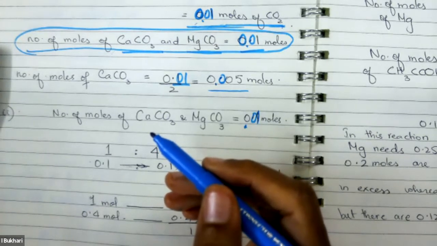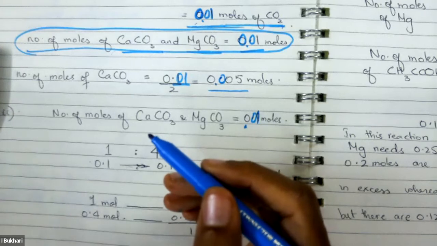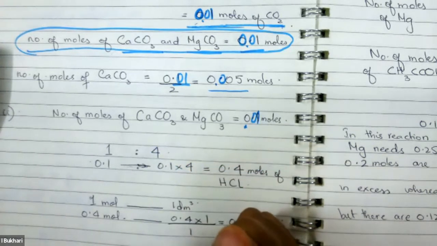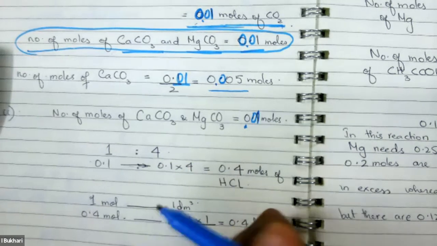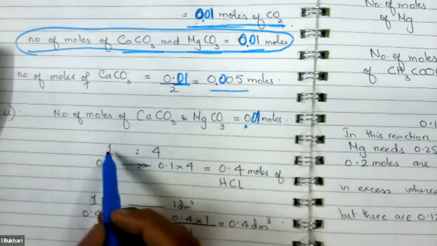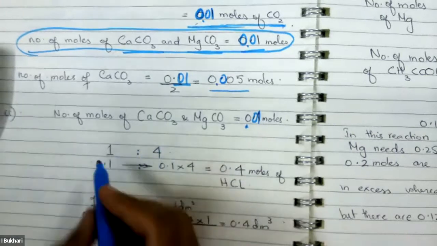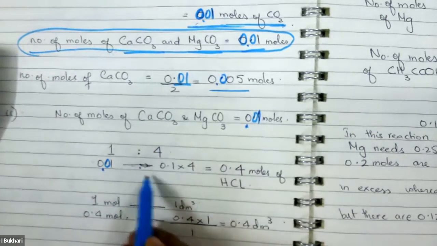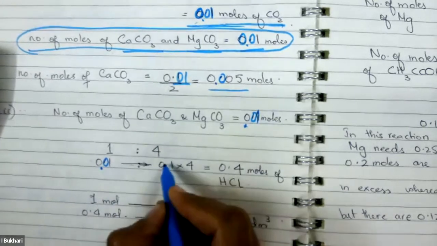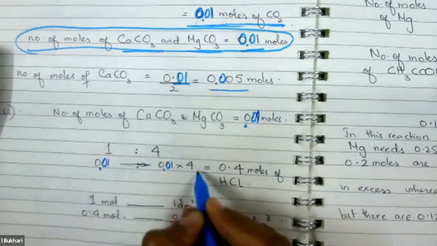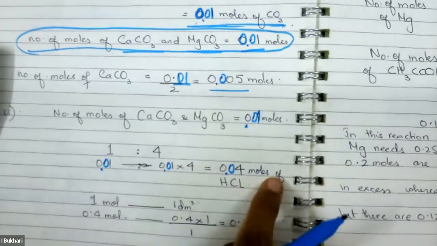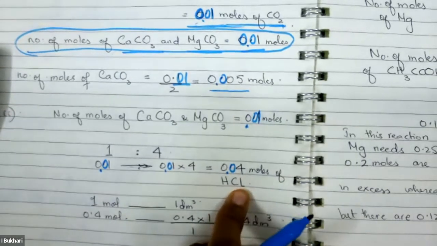There are 4 moles of hydrochloric acid needed to react with one tablet, so the ratio is 1:4. For 0.01, we will use that ratio. 0.01 multiplied by 4 will give you 0.04 moles of hydrochloric acid.